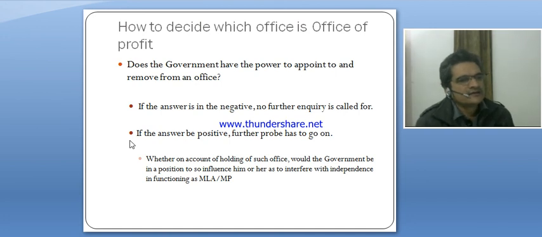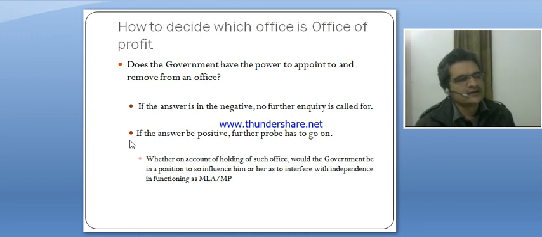Now, this is another test, though we have mentioned in the previous slides where the Supreme Court had laid down the test of appointment. It is again on similar lines. It says that the first question to be asked is whether government has powers to appoint and to remove from an office. If the answer is negative, then the matter ends.